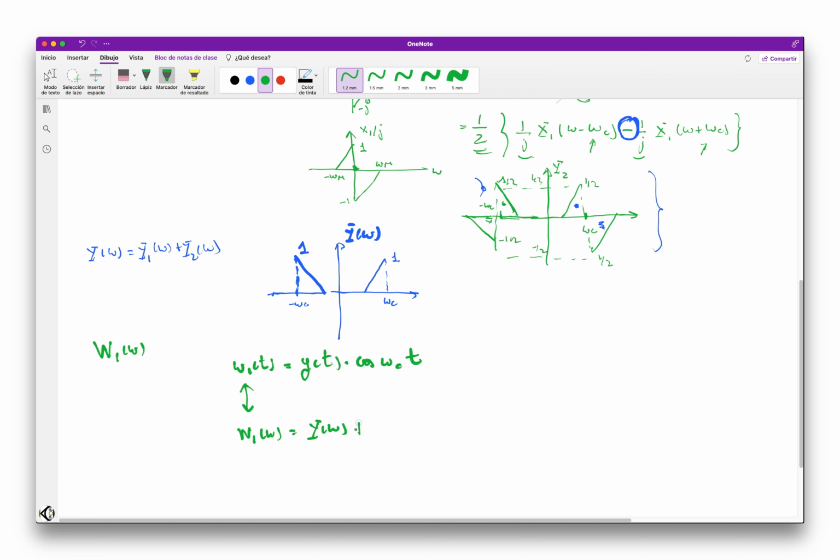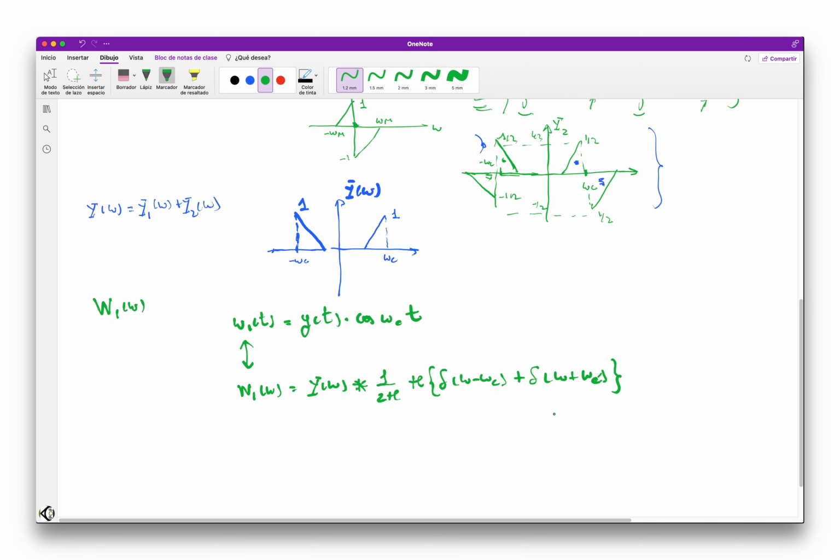The multiplication goes into a convolution with the 2 pi term here in the denominator, and then the cosine term, which you know is pi times delta of omega minus omega carrier plus delta of omega plus omega carrier.